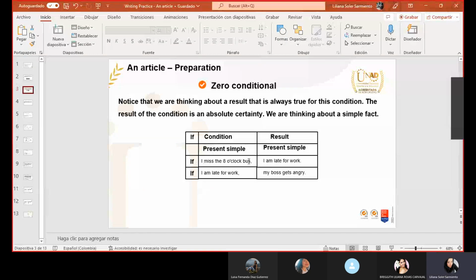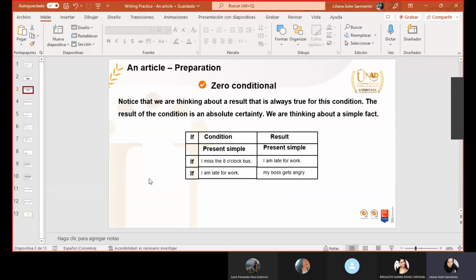The first part is the condition, and the second part is the result. If I miss the 8 o'clock bus, the result is I am late for work.